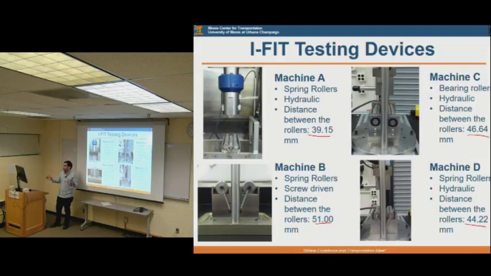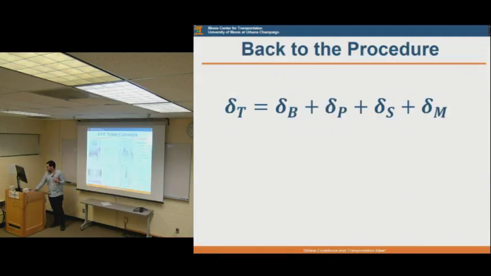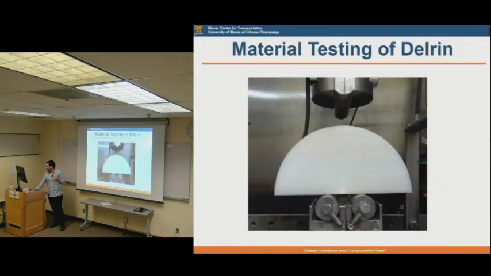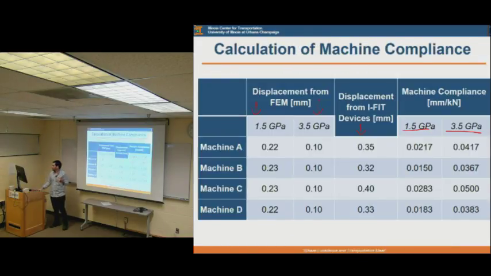you usually have not just a single stiffness. You usually have a range. So what we wanted to see is, within this range, how would the machine compliance change? Let's assume a very high case and a very low case. How would that high case or low case change the results?